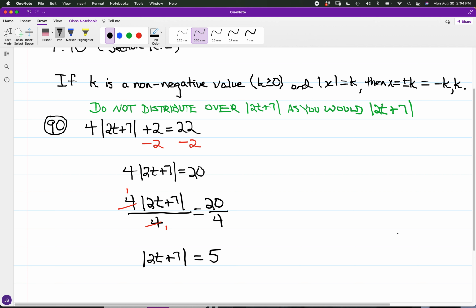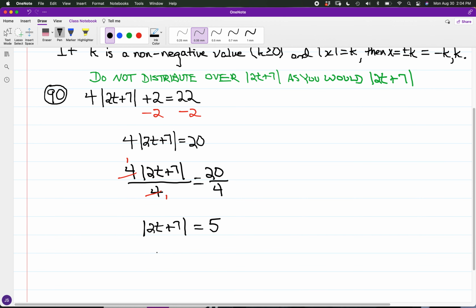So we can proceed. With 2t plus 7, I can remove the absolute value grouping symbols. So we have 2t plus 7 set equal to those values that will have an absolute value of 5. The two numbers at a distance of 5 units away from 0 are both 5 and negative 5.